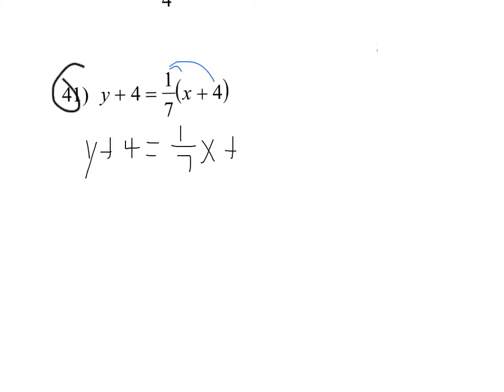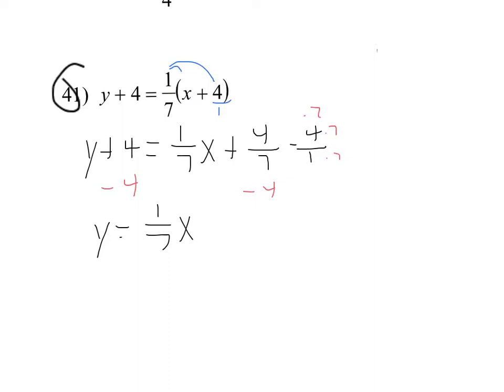So again, 4 times 1 over 7 is top times top, which would give us 4. Bottom times bottom, which would give you 7. We subtract 4. So y equals 1/7 x. Now again, if I write it right here instead of below it, common denominator would be 7.